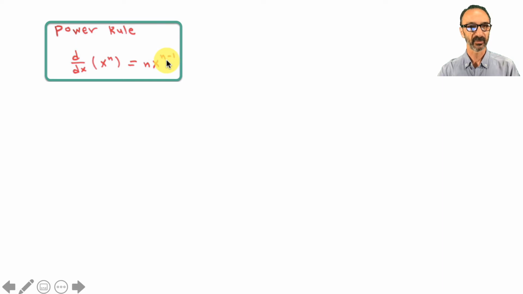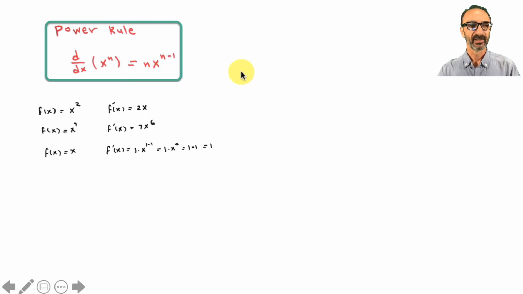Practice. x to the second, f prime will be 2x. Why? 2 goes up front. 2 minus 1, you reduce it by 1, becomes 1. x to the 7th, 7 up front, x to the 7 minus 1, which is 6.